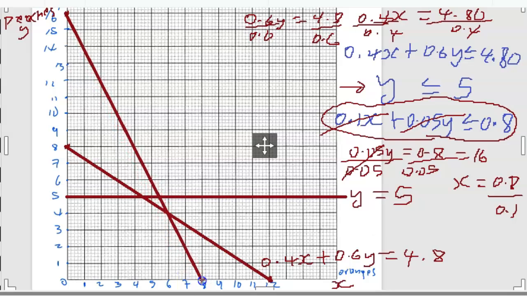Always remember to label any line drawn. So this line represents 0.1x plus 0.05y equal to 0.8.